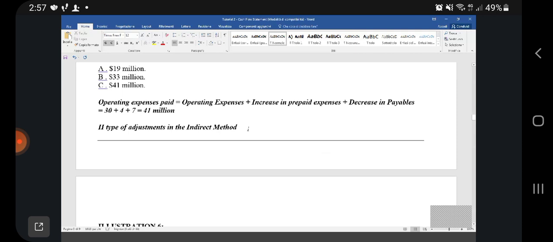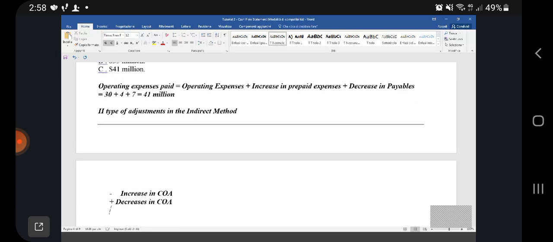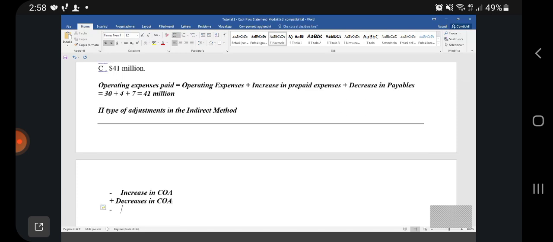Whenever you have an increase in an asset, it means that we have to deduct it. Plus decreases in current operating assets. Every time we have decreases in current operating liabilities, they are deducted, and in case we have increases in current operating liabilities, they would be considered with a plus.